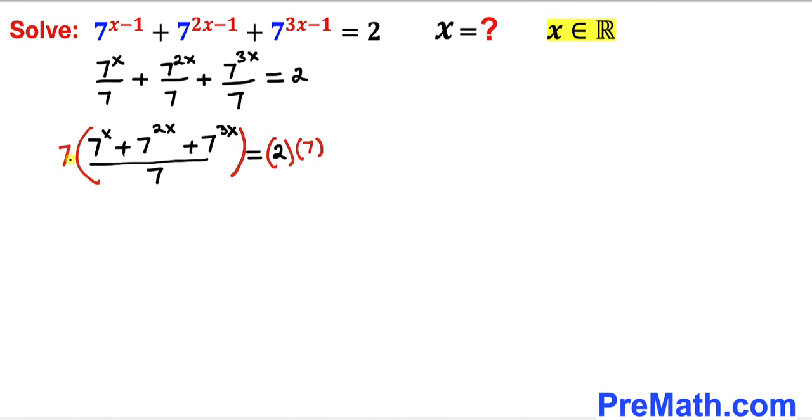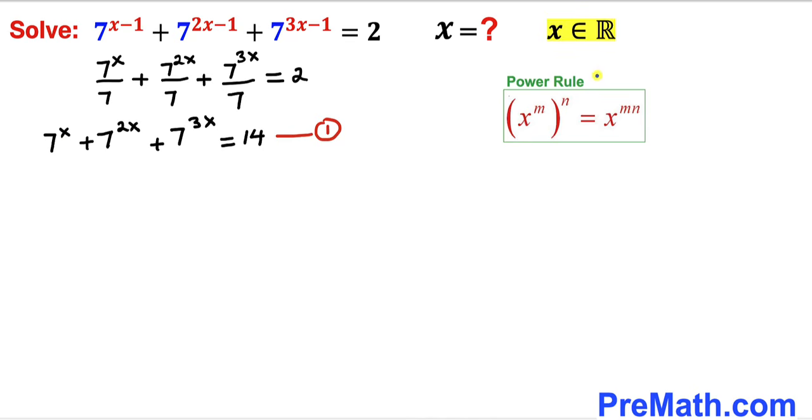Now we can see this 7 and 7, they are gone. So therefore we end up with 7^x + 7^(2x) + 7^(3x) equal to 14 on the right hand side. Now I'm going to label this as our equation number 1.